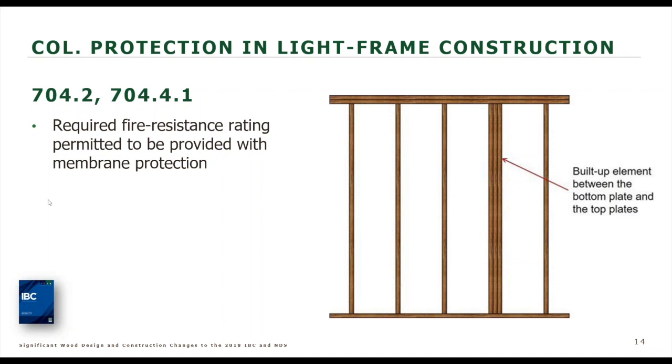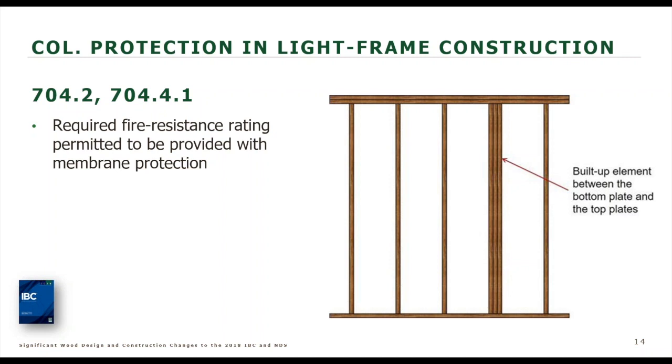So we've heard that some code officials were requiring these columns, even though they were in a fire resistance rating, to be individually wrapped. And that can cause some architectural issues because it could bump out that wall. So this comes from Chapter 7, where they have the requirements for fire protection.